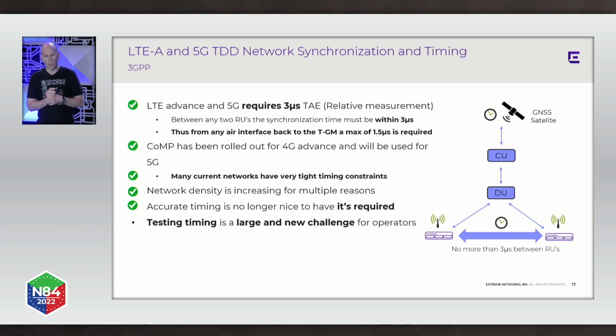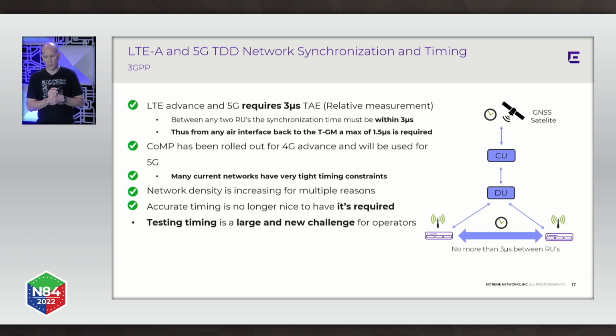Now, to add more complexity to this, you have things like coordinated multipoint, which goes hand in hand with the fact that 5G is going to have a high density of cell sites installed. So you have the same network providing connectivity for many base stations. It's fair to say that accurate timing is no longer nice to have, it is truly required.